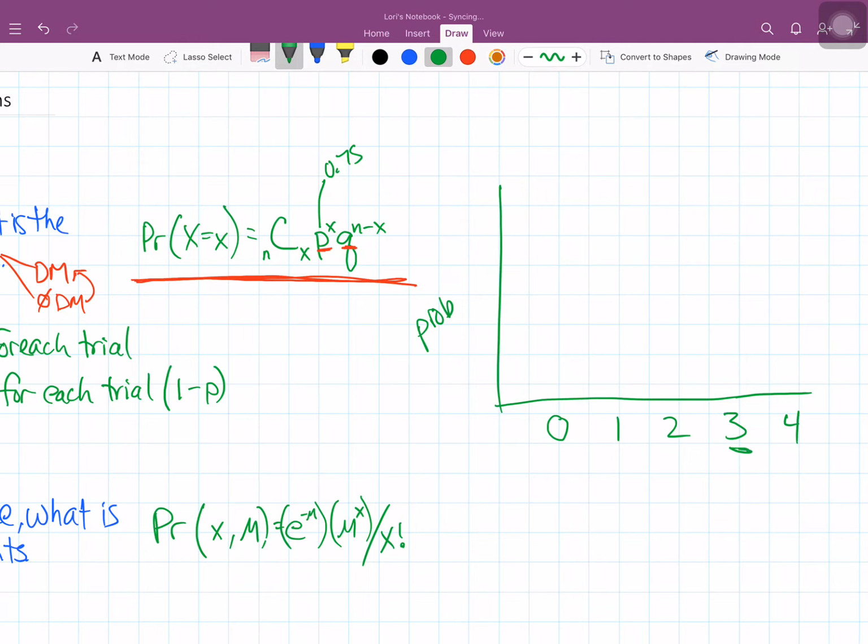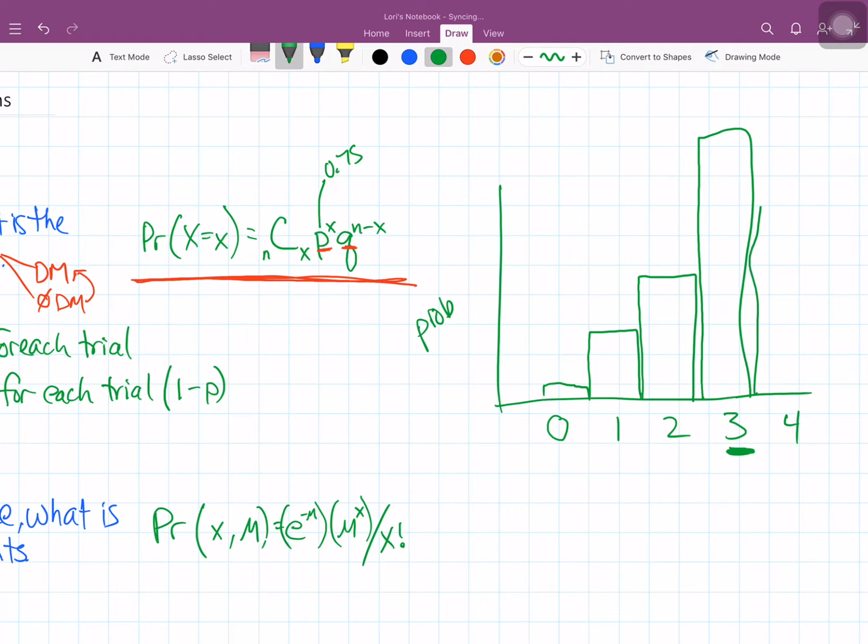So you'd expect there to be quite a group here at the 75% mark. What this looks like is a pretty low probability for 0. Then there's the probability of 1 person responding to treatment out of the 4, the probability of 2, and then 3 is by a long stretch definitely the highest, and 4 is another good possibility.